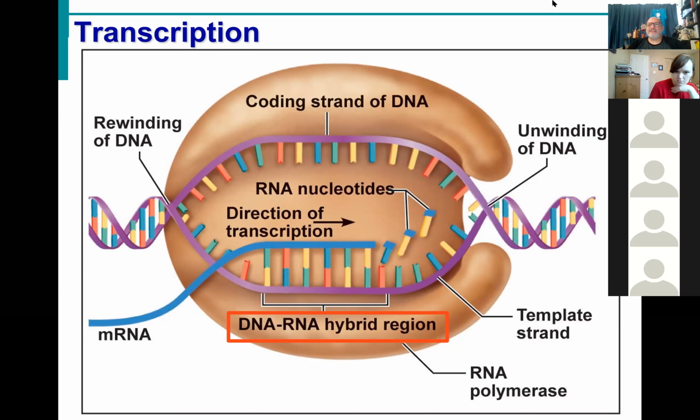And notice the way that they've emphasized this for us. Notice they've used purple to represent the deoxyribose sugar backbone of our DNA, whereas they have used blue to represent the ribose sugar backbone of our RNA. Oh, hold on, looks like there's a question.